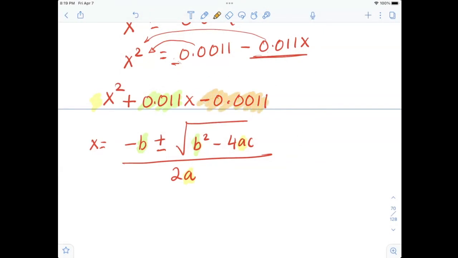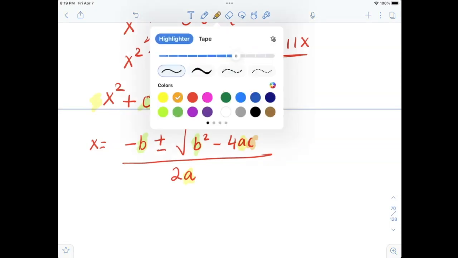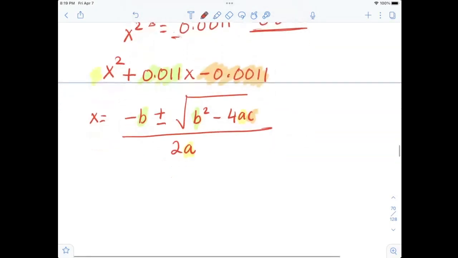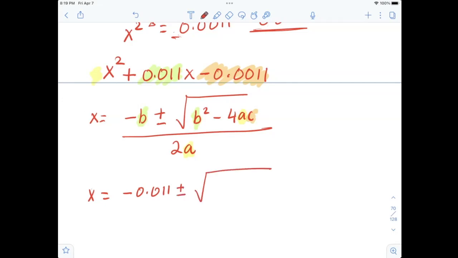This is C. Okay, so it's going to go over here. Let's go ahead and plug these numbers in and solve for our unknown, which is x. So x is going to be equal to negative 0.011 plus or minus square root of 0.011 squared minus 4 times, this is 1 implied, right? 1 times negative 0.0011.